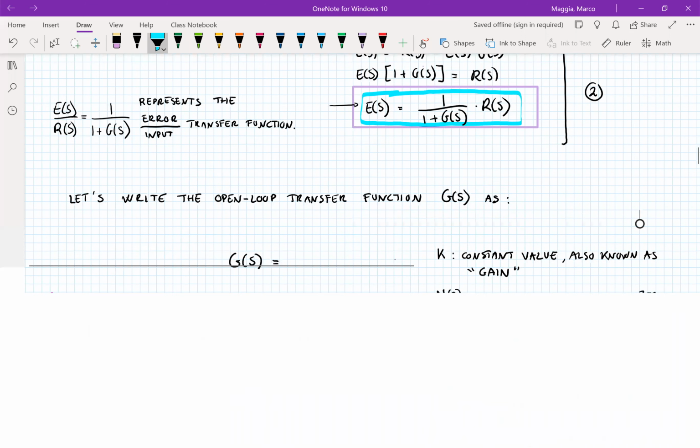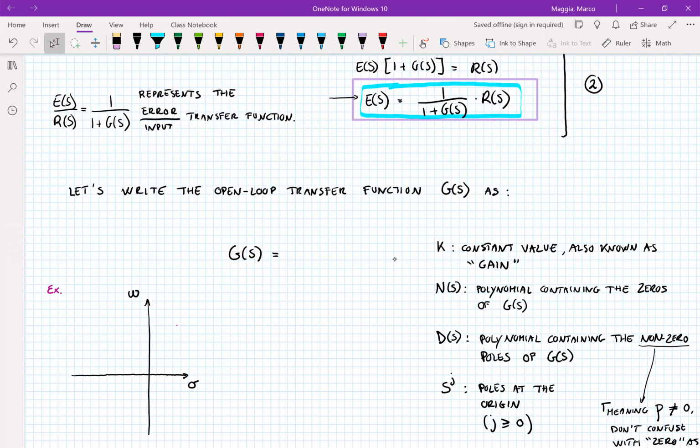Now, what is commonly done is to rewrite the transfer function of the process, or in this case, the open loop transfer function G of S, in the following manner. We factorize it into a constant term, K, also known as gain. So every time you hear about gain, it's just a constant in the S domain.